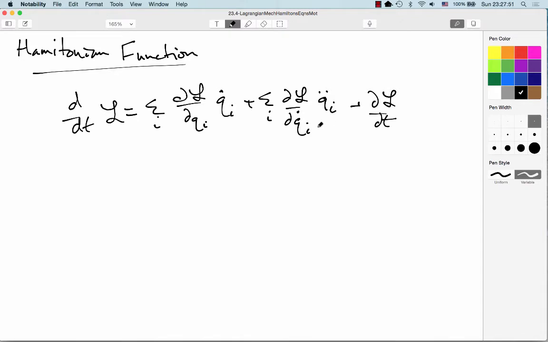So yeah, we're just doing the chain rule here. All right.